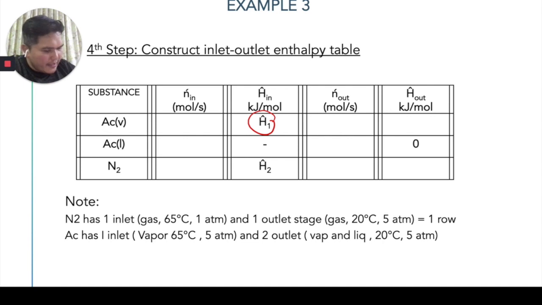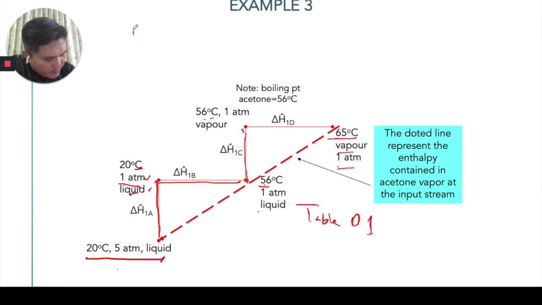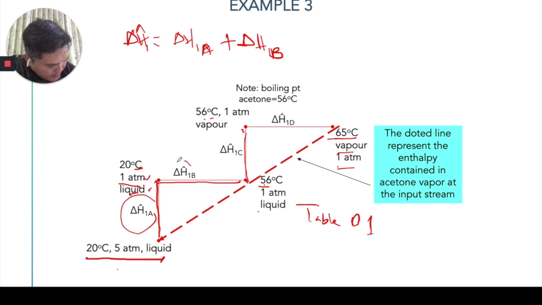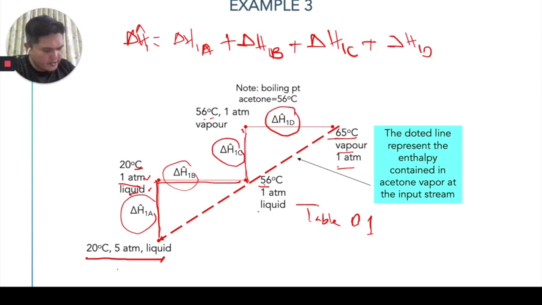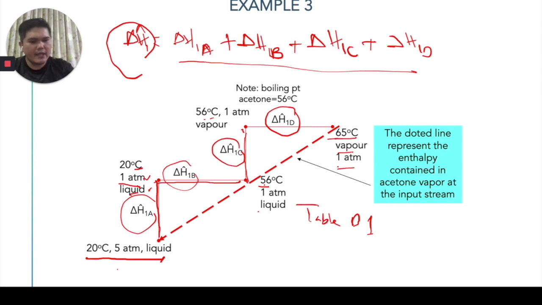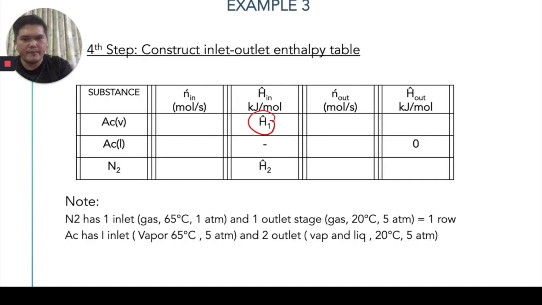In order for us to calculate delta H1, it is equivalent to delta H1A, which is here, plus delta H1B, which is here, plus delta H1C, which is at this point, plus delta H1D, which is at this point. Only then, if we calculate all of this, we'll be able to fill up the delta H1 value that we can put in this particular table.